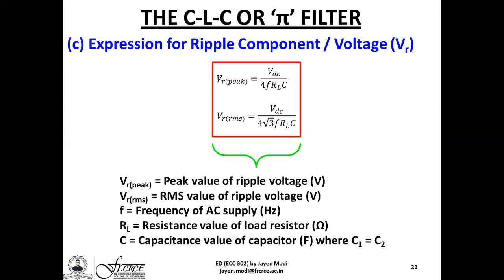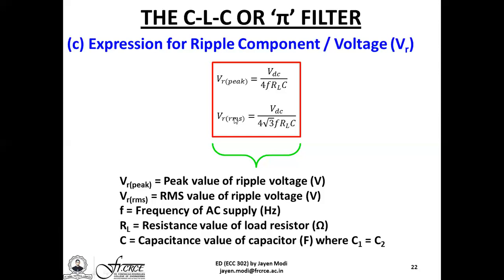The expression for the ripple component or the ripple voltage VR peak is given by VDC divided by 4 F RL C, whereas that of the RMS value is given by VDC divided by 4 root 3 F into RL into C. Reason being that RMS and peak are not directly related by the root 2 sign is because the ripple voltage waveforms which are taken across the load will be exactly similar to a typical triangular waveform due to the capacitor C2 charging as well as discharging.